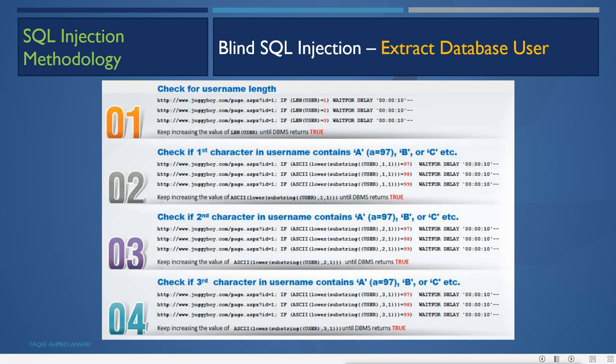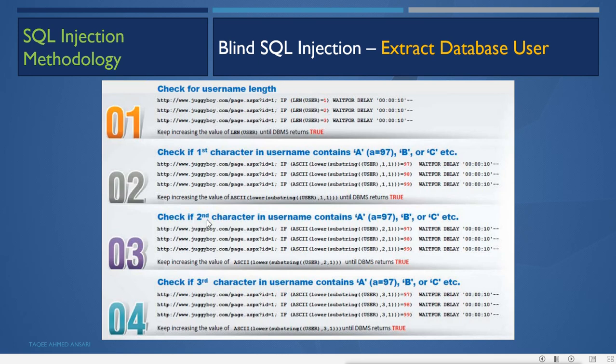That means if the query does not successfully run, then the error will come directly, and if the query runs successfully, that means if it is matching A, the string is matching there, then it will wait for the 10 seconds before giving the error.